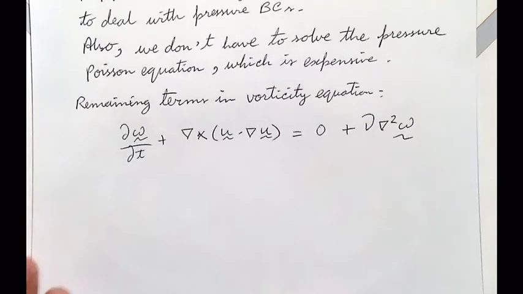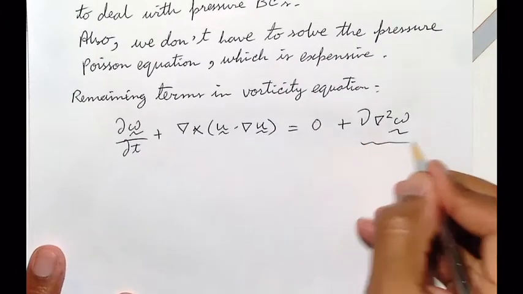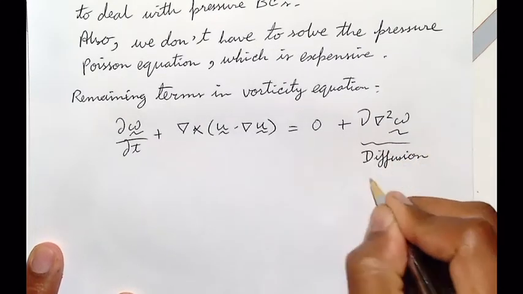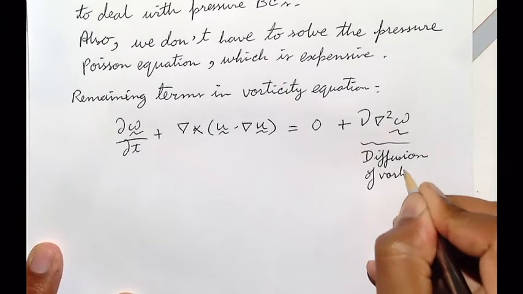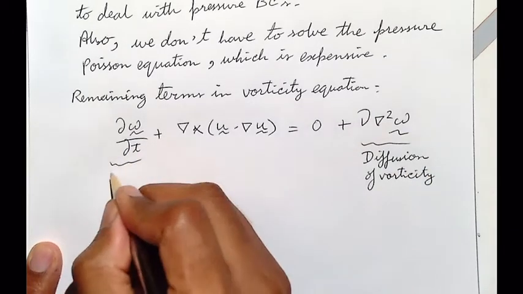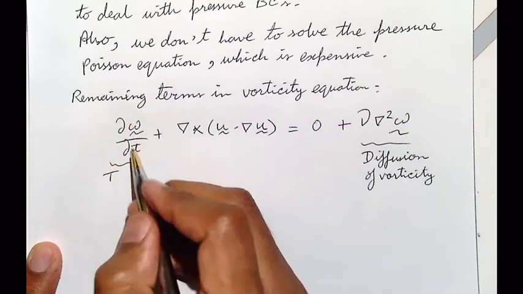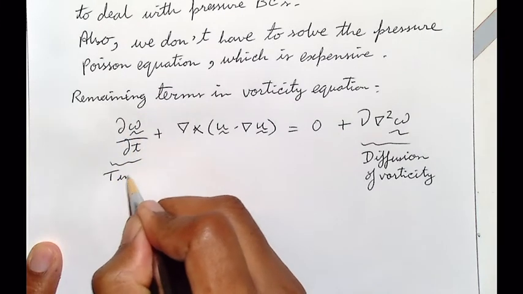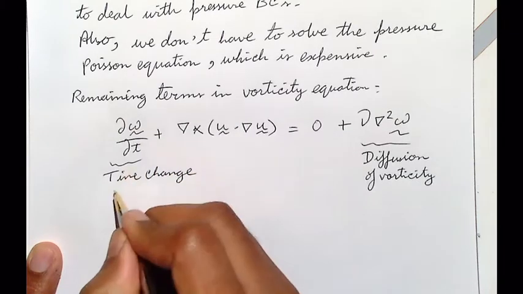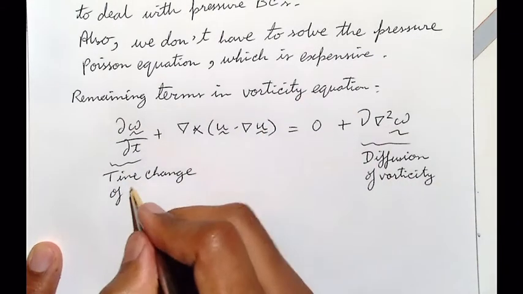Okay. So we have diffusion of vorticity. And we have the time change. This is not the full advection term. This is just the time change, the rate of change of vorticity.